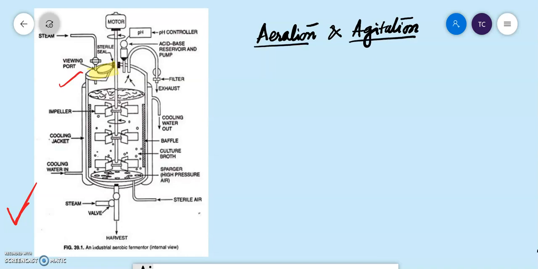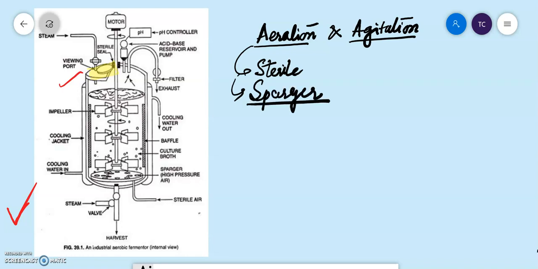Aeration. What is aeration? Aeration is the entry of oxygen into the vessel. And the first criterion is that the air has to be sterile. So for that, you have a part in your bioreactor, a fermenter, and that is your Sparger.